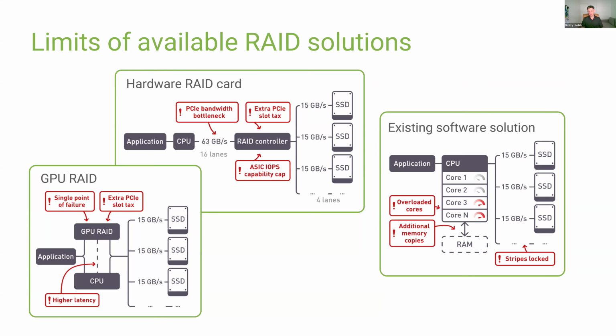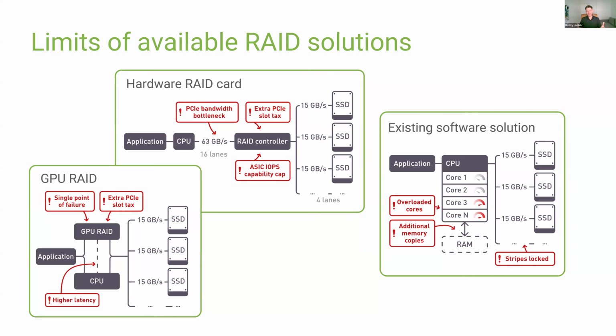I would like to remind you that each NVMe drive is connected by 4 PCIe lanes. So even in theory, if you use hardware RAID cards, you could serve a maximum of 4 NVMe drives. In reality, you wouldn't get even the performance of the 4 drives.